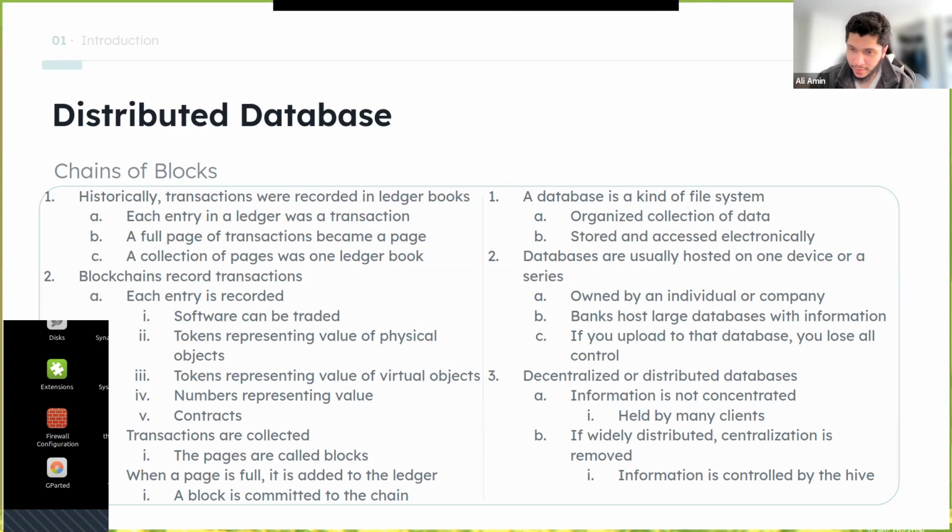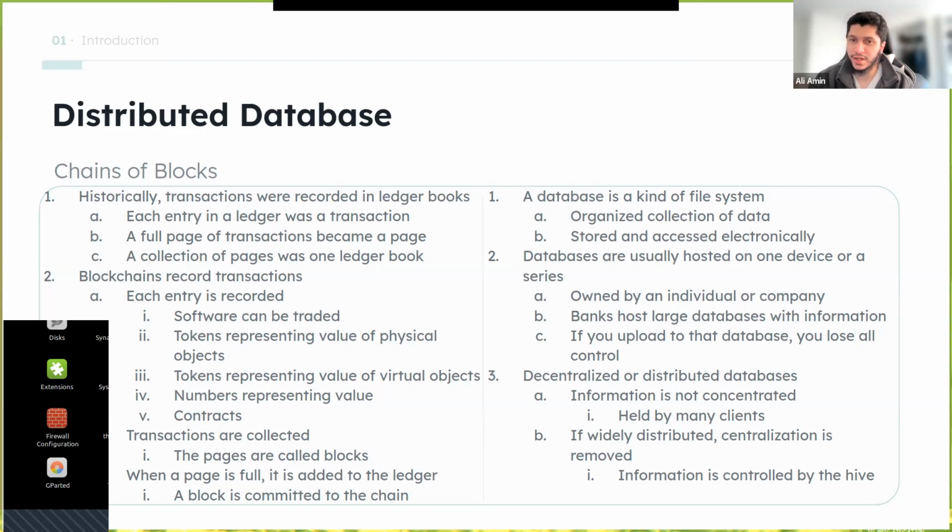For example, a bank has many databases that contain different kinds of information pertaining to the people that use that bank. One of the issues with that is that once you send data to a database that somebody else owns, you no longer have any control of that data, whether that's your money, which you deposit in a bank and it becomes numbers, or your personal information.